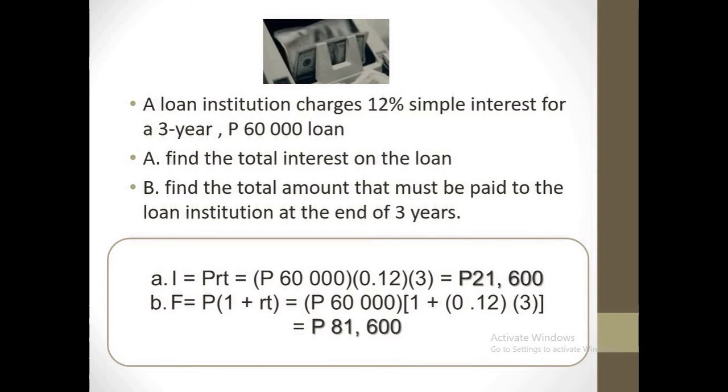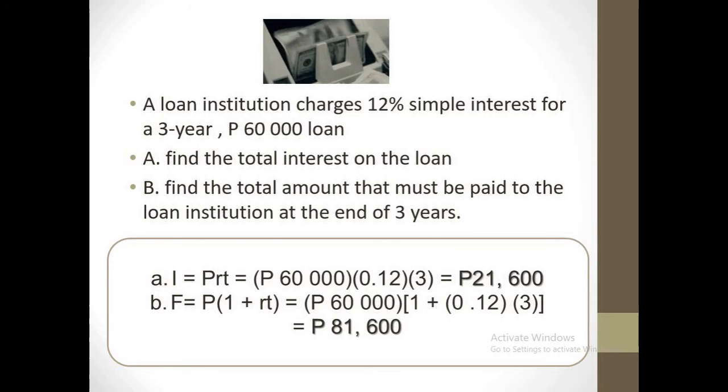For letter A, what to find is the interest. So, interest is equal to principal multiplied by rate times time, which is equal to 60,000 pesos multiplied by 0.12 times 3, which is equal to 21,600 pesos. That is the total interest.